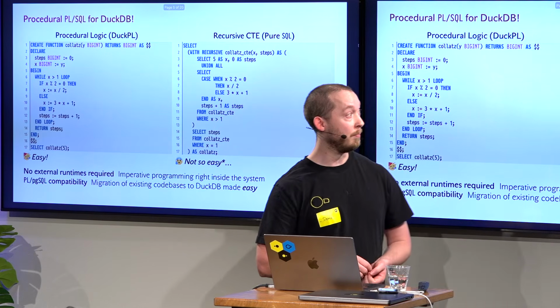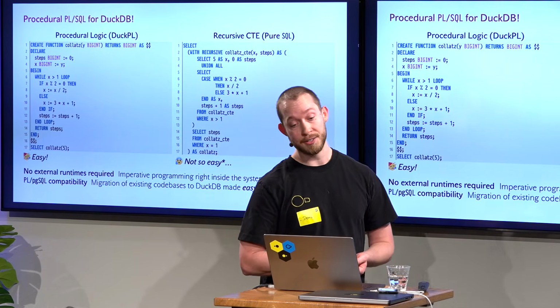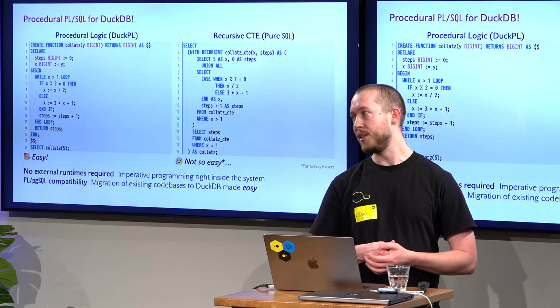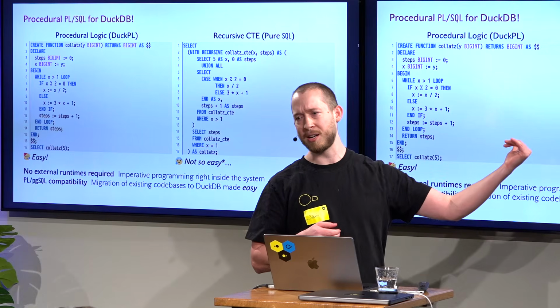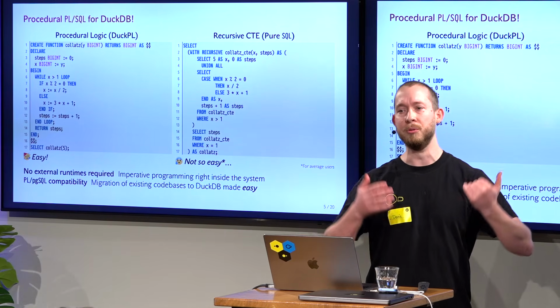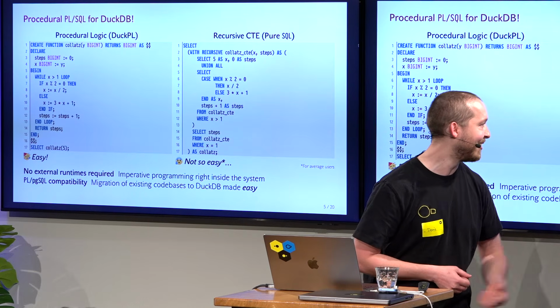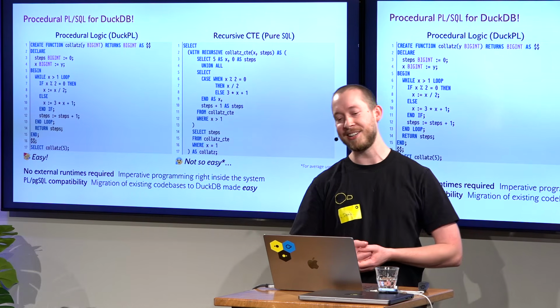What I want to provide is essentially the possibility for users to have UDFs, so user-defined functions, like the one on the left, right inside your database system. What we have here is just a little example that computes the number of steps the Collatz conjecture needs to reach 1 or something like that.